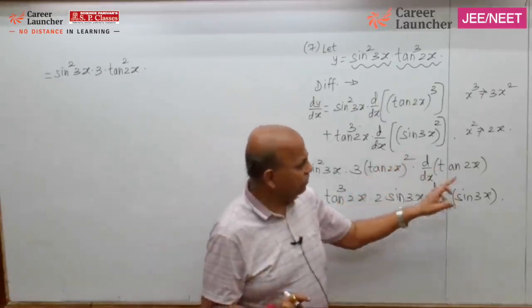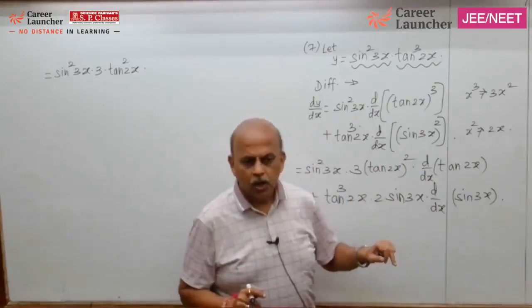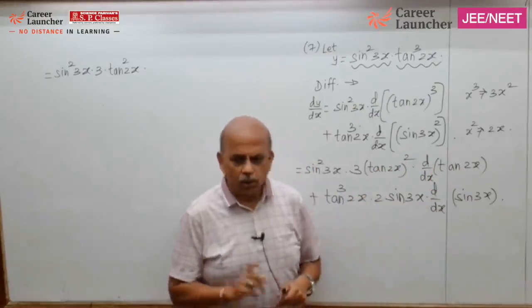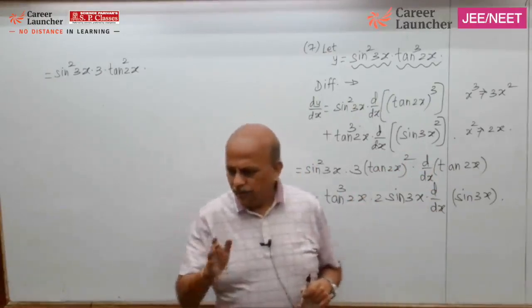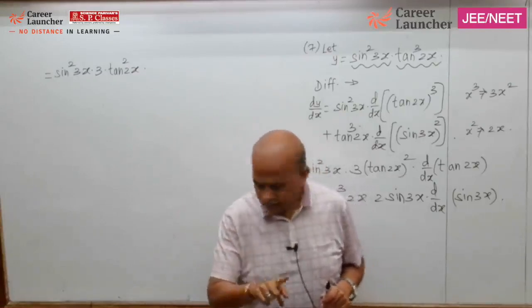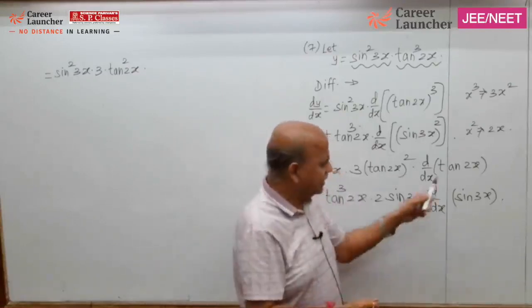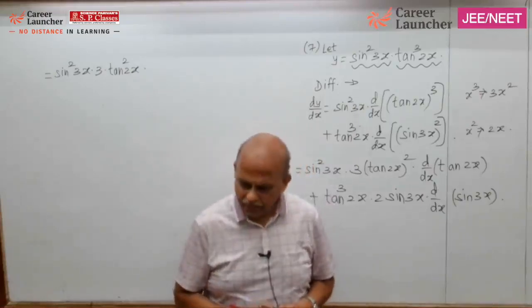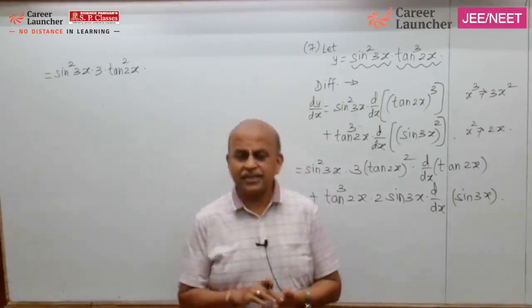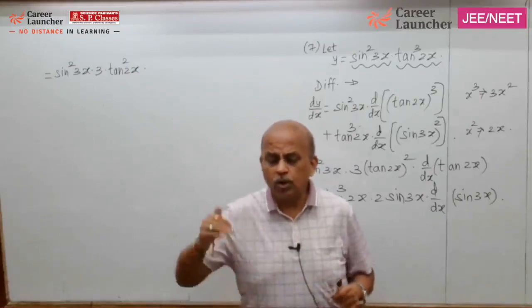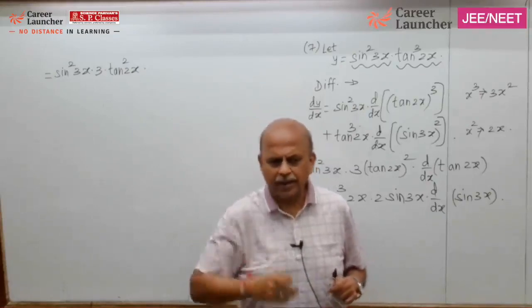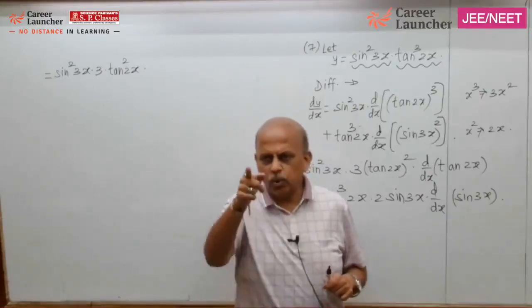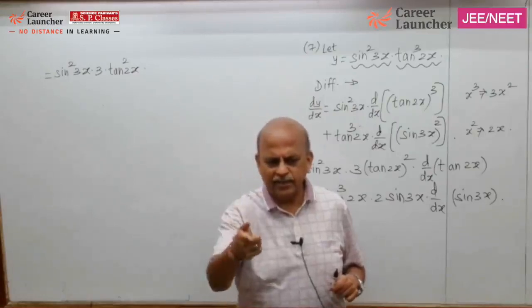Think and tell me, don't make a mistake. What is the composite part here? 2x. The formula is tan x, so in place of x it is 2x. So don't you feel the composite part is 2x? You don't know the formulas by heart. Tan x ka formula is sec square x.